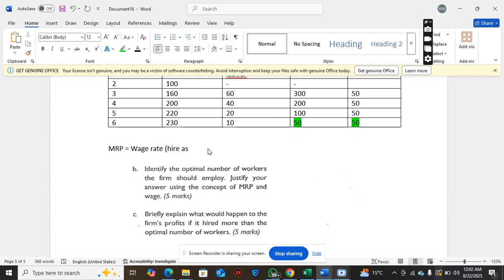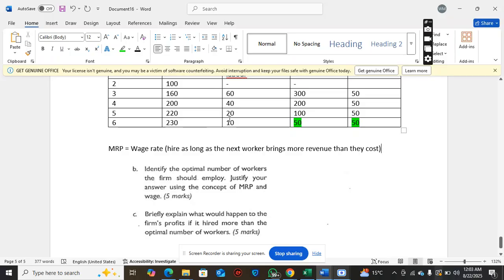According to this law, it says hire as long as the next worker brings in more revenue than they cost.